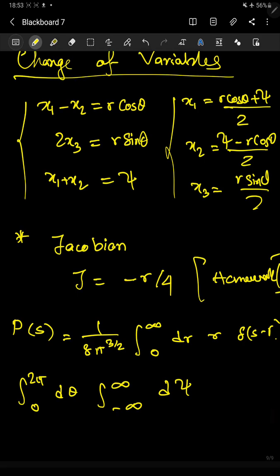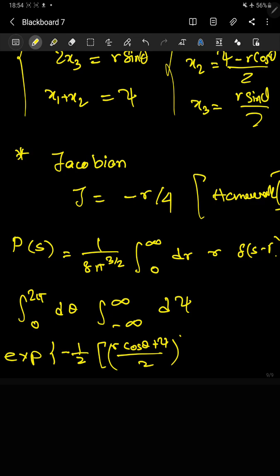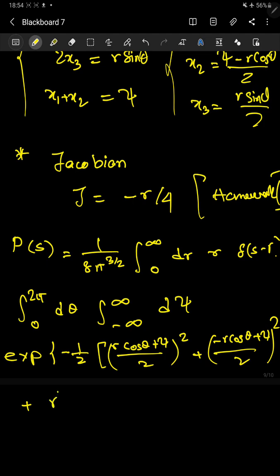So let's move to the next line. So we have the exponential. Let's give the second bracket first: minus half (r cos theta plus psi over 2) squared plus (psi minus r cos theta over 2) squared plus r squared sine squared theta over 2.